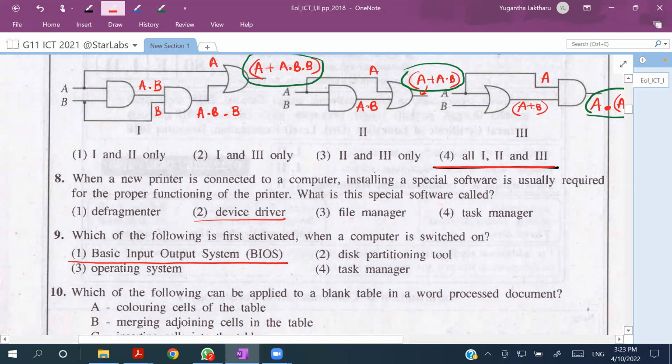According to the POST, the BIOS will be activated with the CMOS settings, right? So the very first program we can think of is the POST, but since it is missing over here, we can go for the BIOS as well.